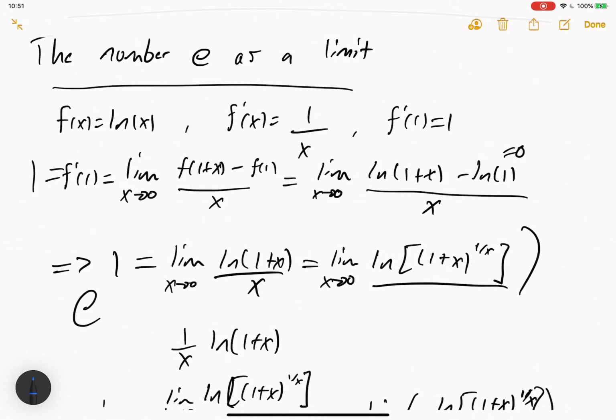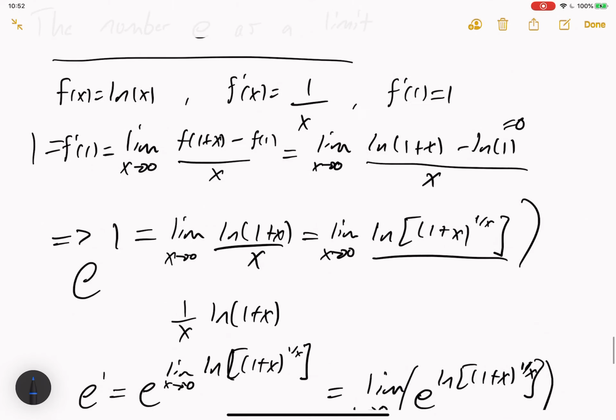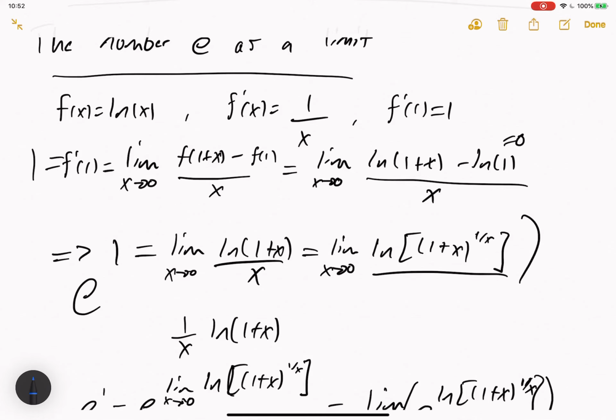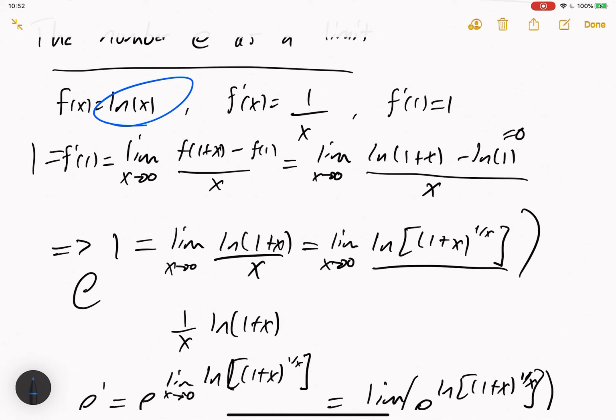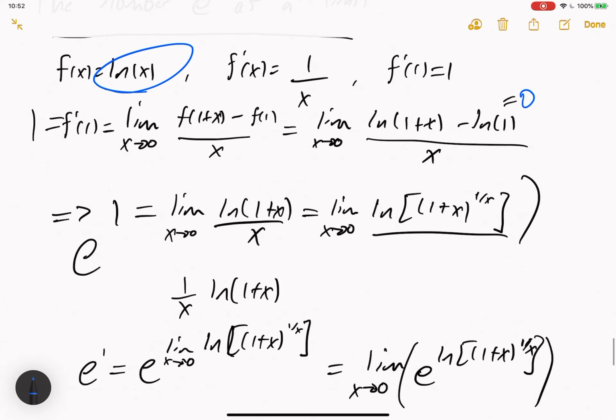It's totally okay. So now we're just going to plug it into the function f of x, which is ln of x. So we get the ln of 1 plus x minus ln of 1, divided by x. ln of 1 is just equal to 0. So we're just going to ignore this step right here.